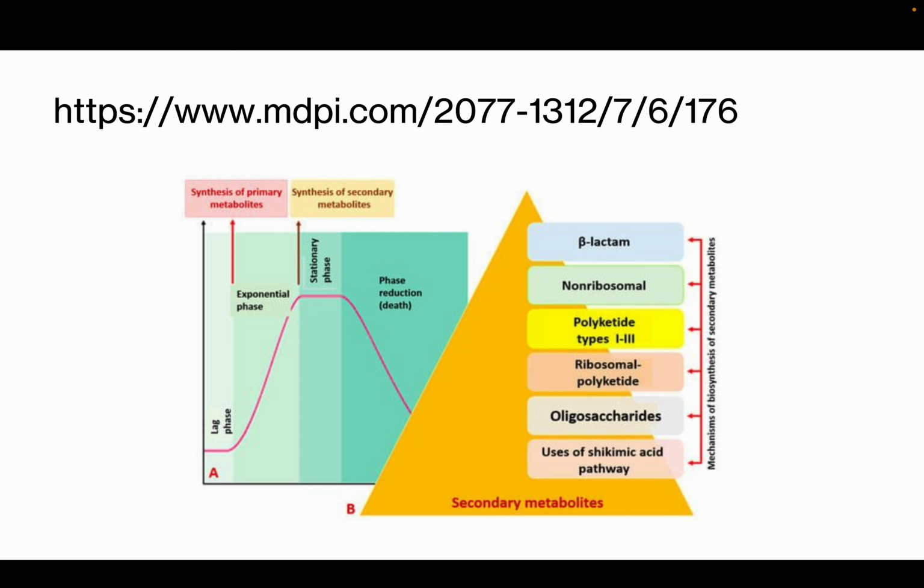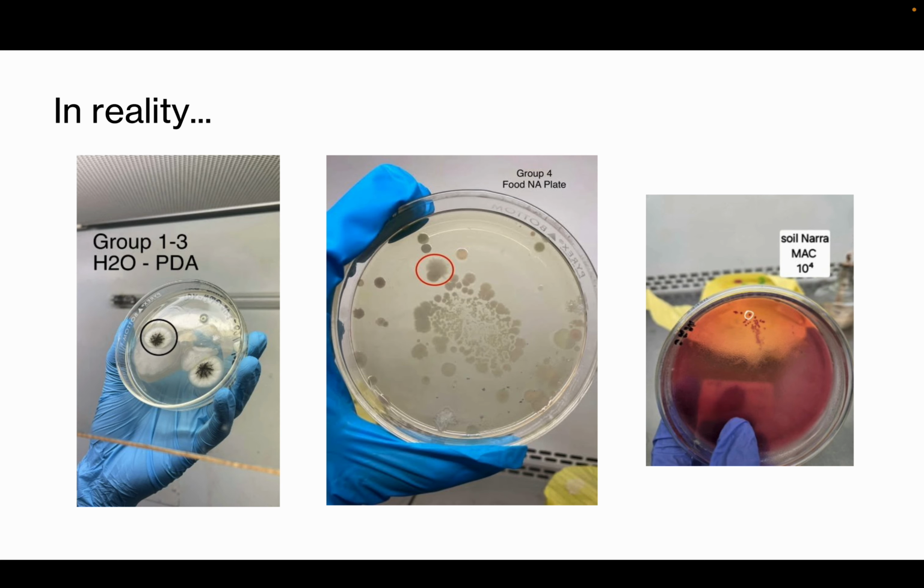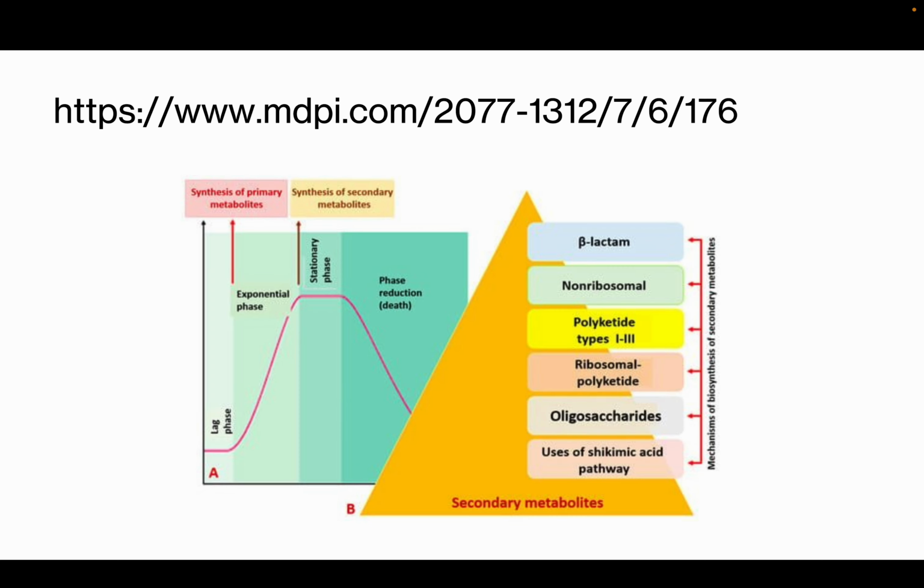We defined the differences between primary and specialized metabolites in terms of when they are produced. We acknowledge that in reality, specialized metabolites, which classically have been identified as secondary metabolites because they are produced when the bacterial culture achieves a stationary phase.